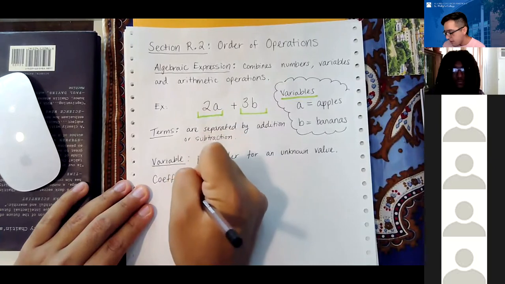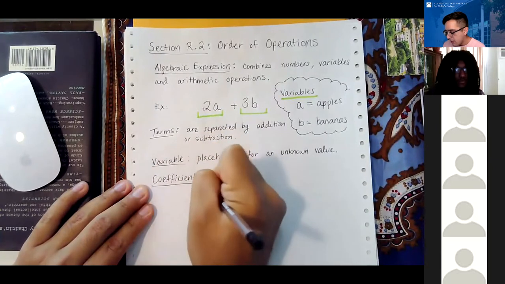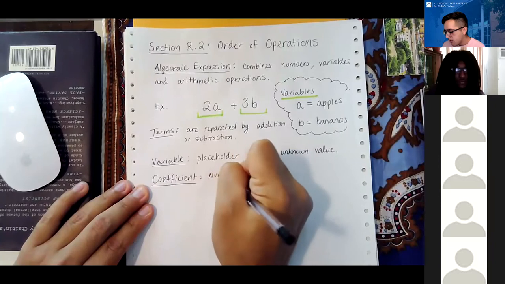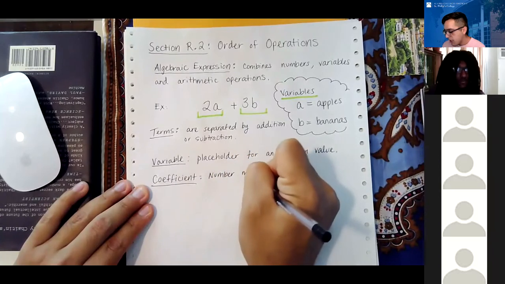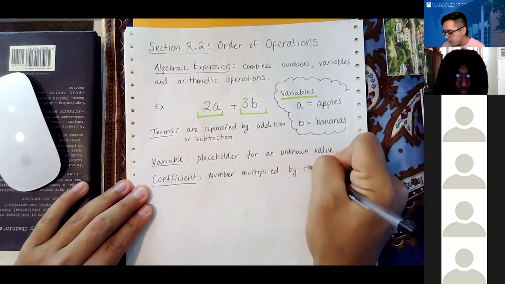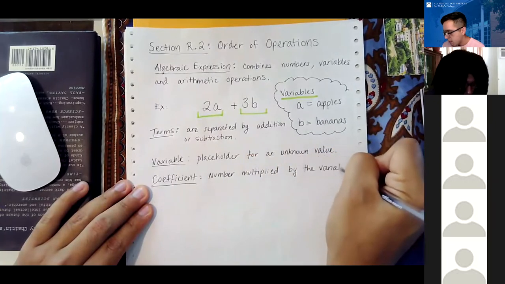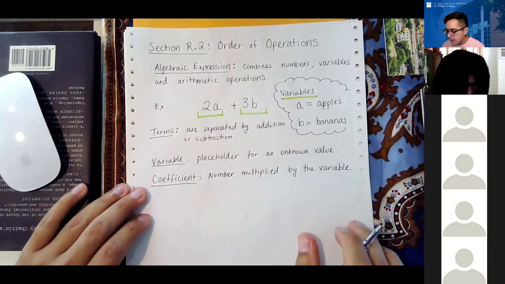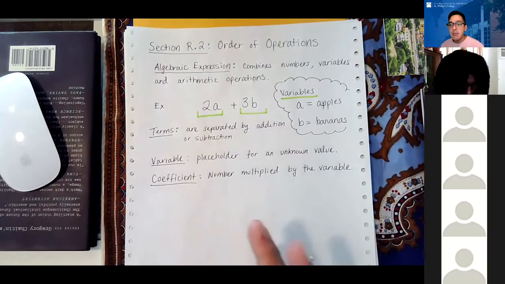So some more vocabulary coming your way. That's the number multiplied by the variable. And you're not going to see a times symbol. You're not going to see the X because our variables are letters.